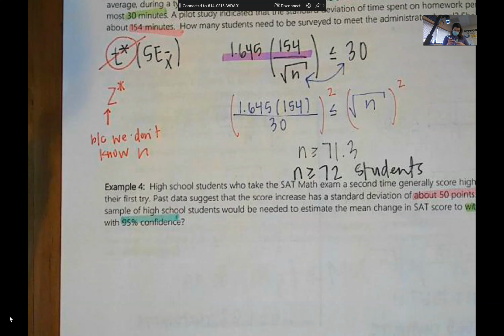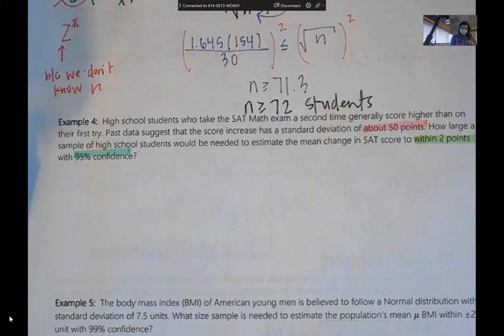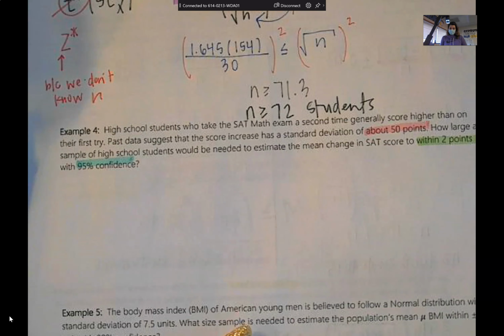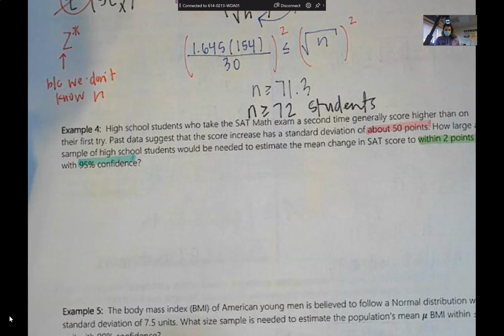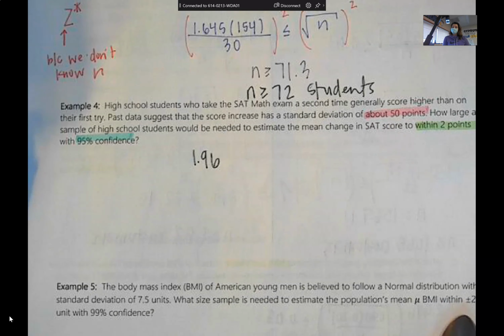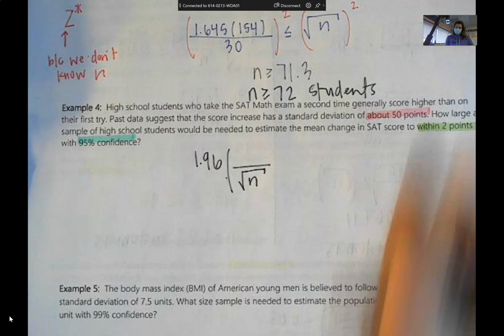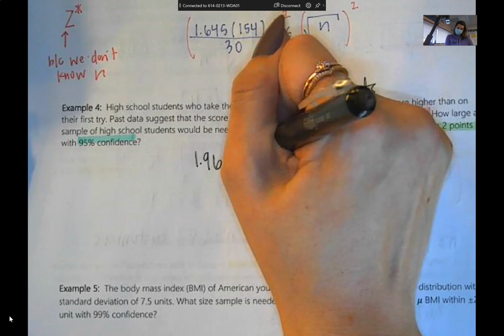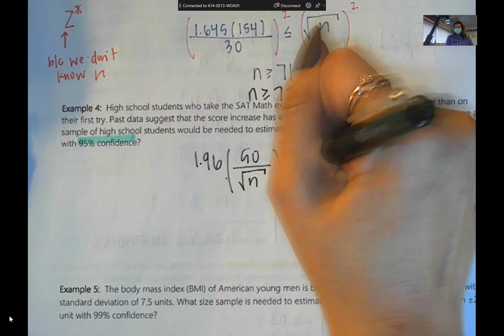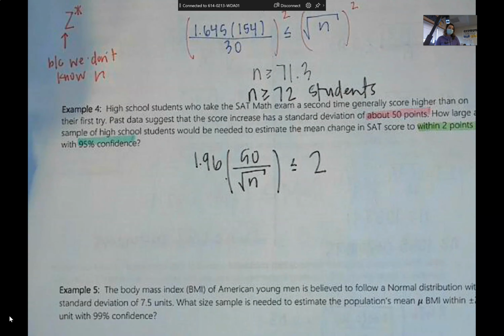Notice there that they're saying 2 points, not 2 percentage points, 2 actual points. Okay, critical value for 95 is 1.96. I just have that one memorized now. Standard deviation is 50. I want that to be less than or equal to 2. Not 0.02, 2.